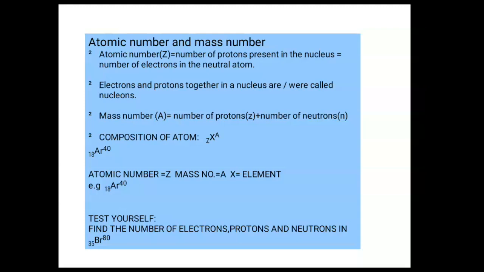For example, let us say I want to represent argon. Argon has atomic number 18, mass number 40. So it is represented as 18Ar40. So 18 represents the atomic number or the number of protons, and 40 represents the mass number, that is the sum of protons and neutrons.